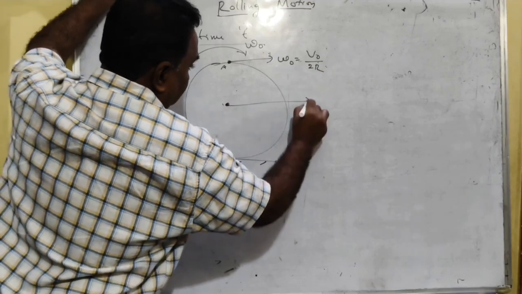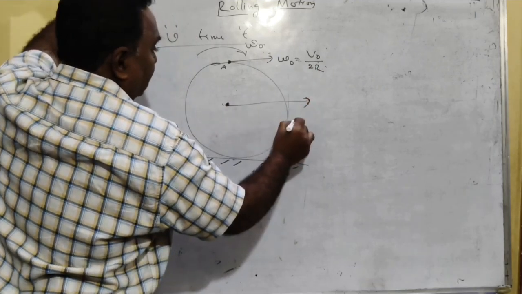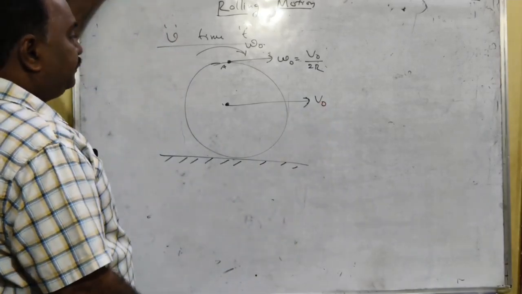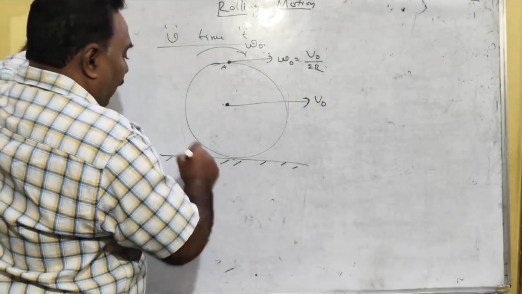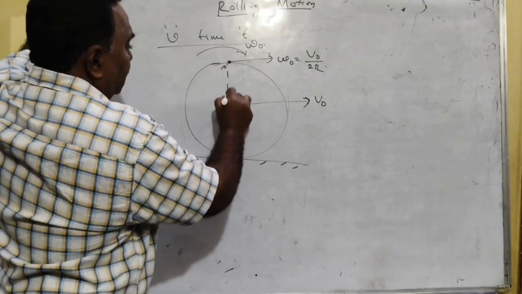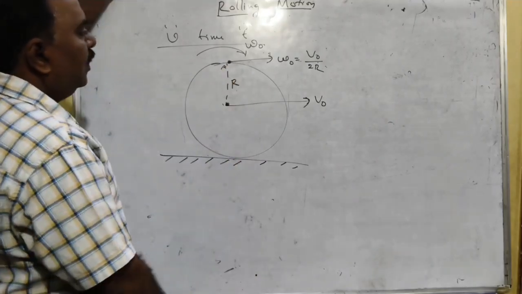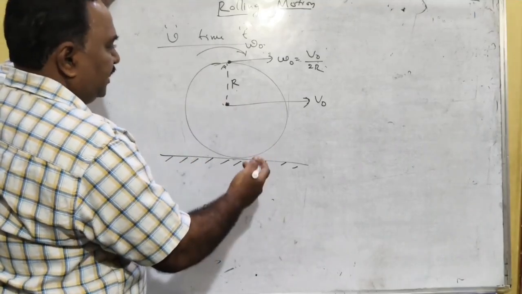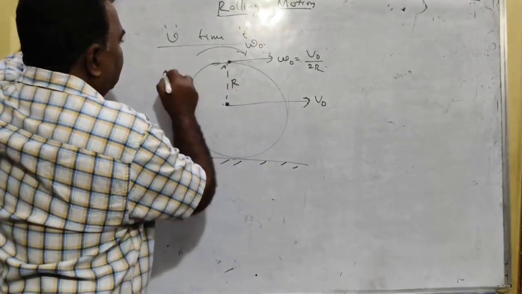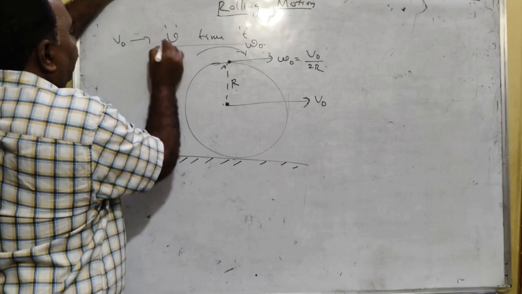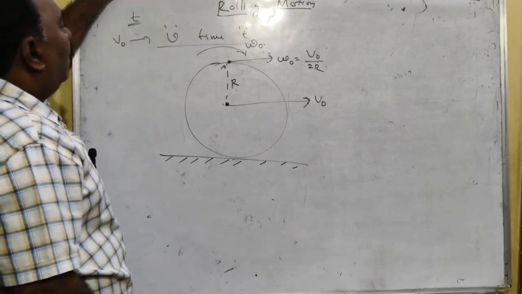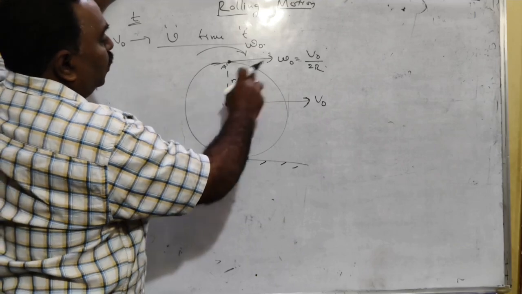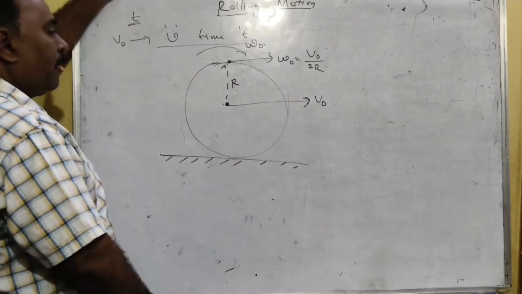That means the initial translational velocity is V naught, and the radius of this body is r. After some time t the velocity changes from V naught to V. After which velocity will the body get pure rolling motion? That is the concept here.